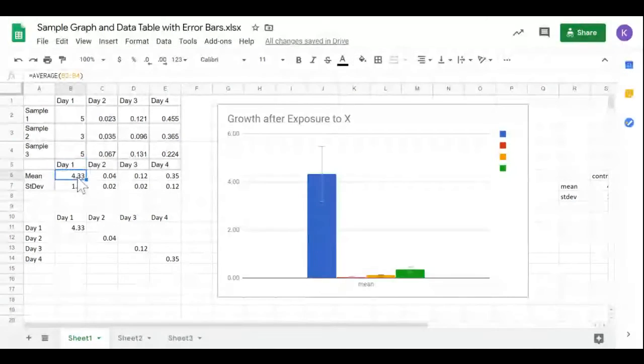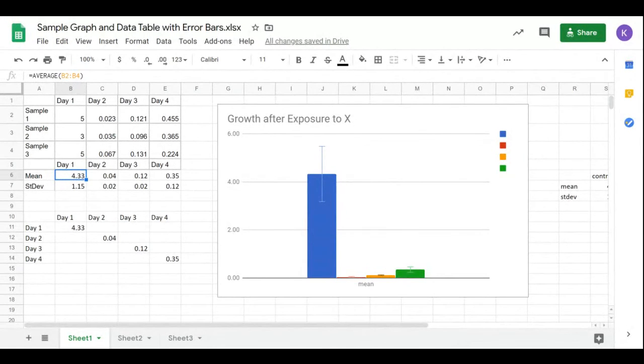Let's see if I can just show you here. Okay, no, it's actually average. So if you type in the equal sign, the word average, and then the cells that you want to include, so you select B2, B3, and B4, it will calculate the mean for you.